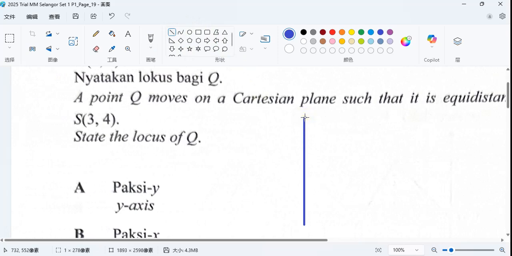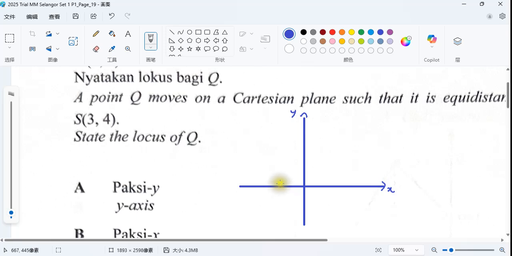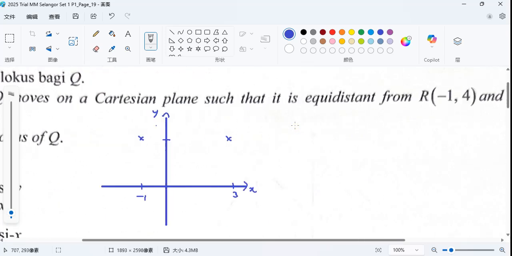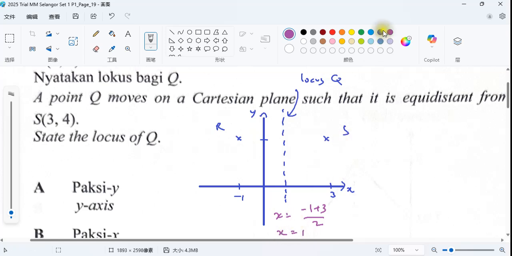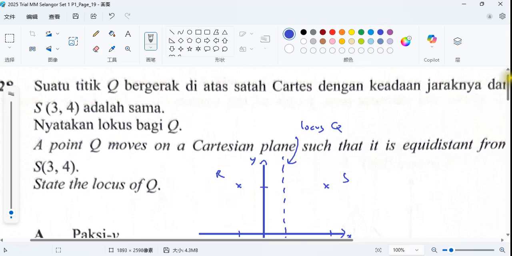So on the x-axis and y-axis, -1, 4 and 3, 4 are R and S. Equidistant from these two points will be this, so this is the locus of Q. So we have -1 plus 3 over 2, so x equal to 1 is the axis. x equal to 1 is the locus.